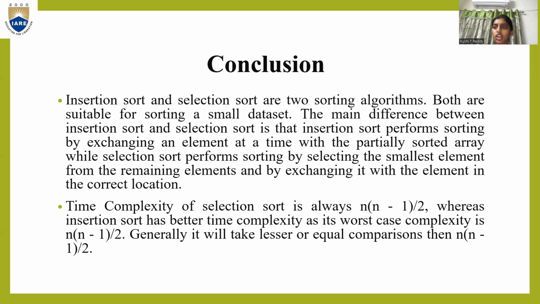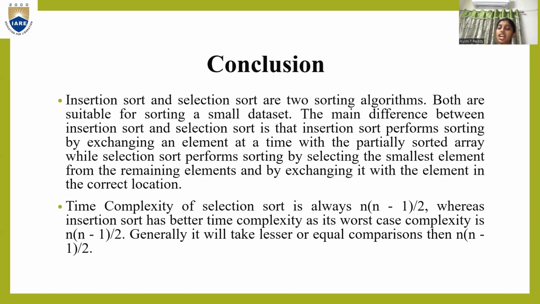So you can also conclude another point that the space complexity for both insertion sort and selection sort is big O of 1, and the time complexity in the average case and worst case is the same for both selection sort and insertion sort. It is nothing but big O of n square. So these are the main differences.